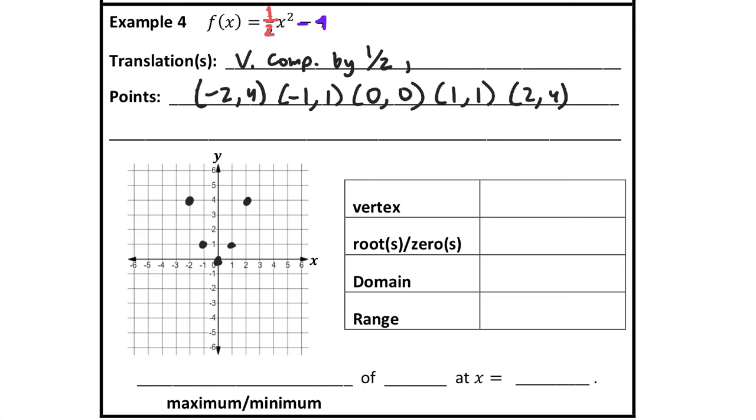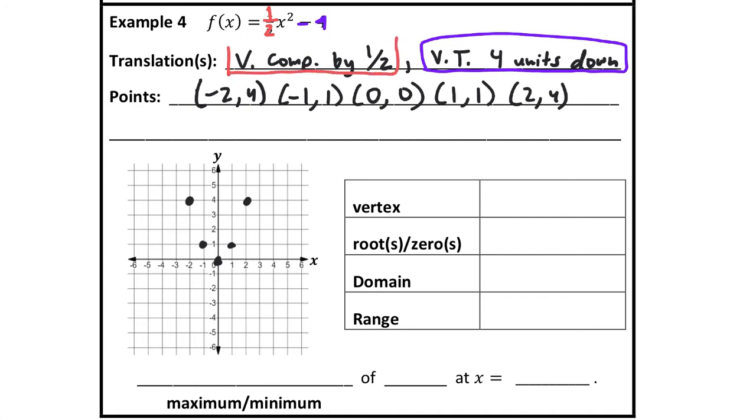And there is a vertical translation 4 units down. So the -4 is the vertical translation, and there's a vertical compression by 1/2.